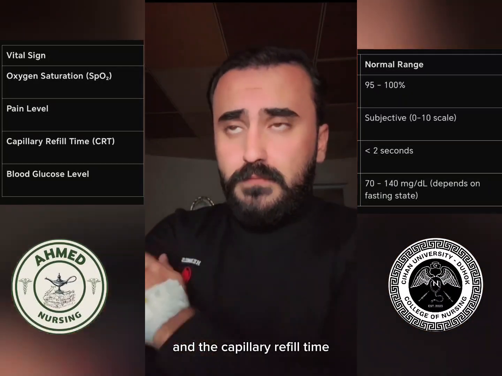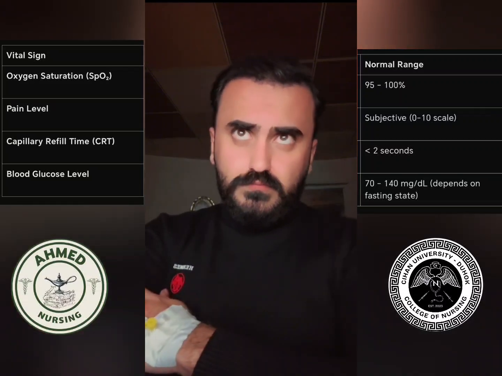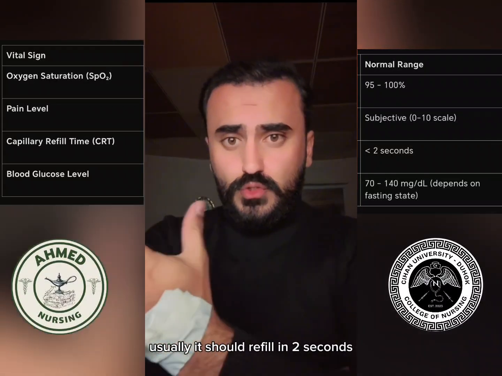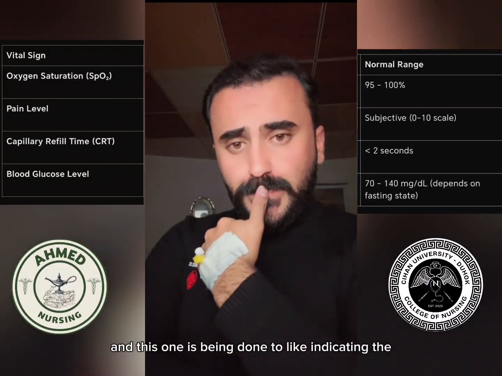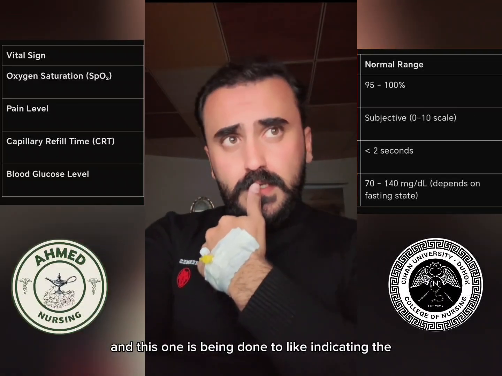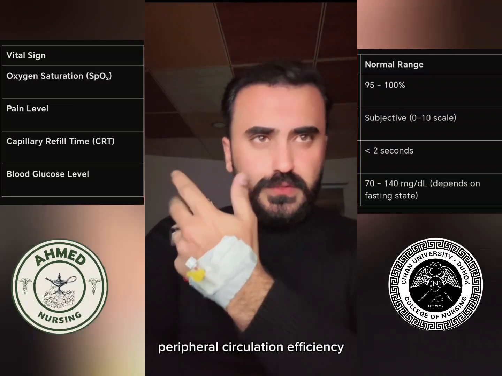And the capillary refill time usually should be within 2 seconds, and this is done to indicate the efficiency of peripheral circulation.